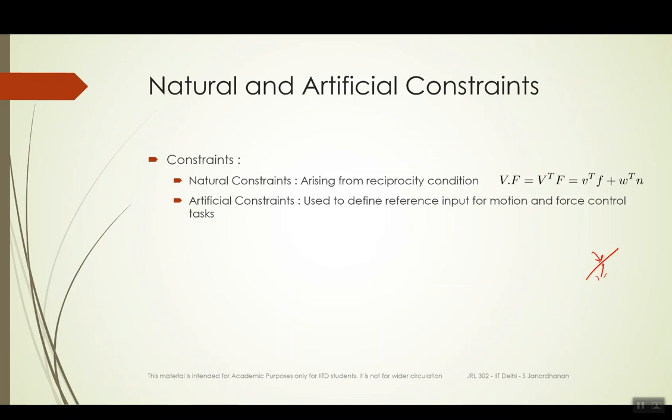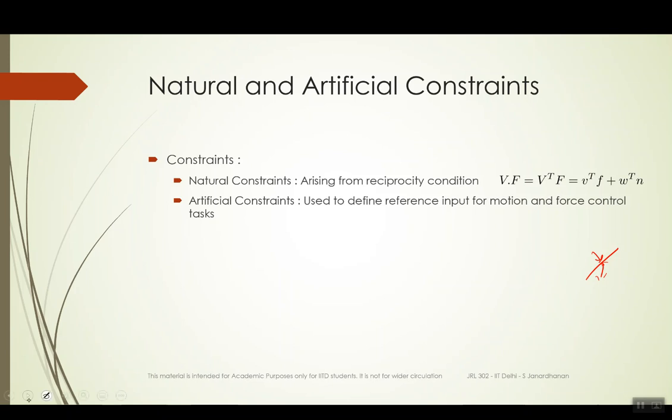Because of this, some constraints arise, and you can quantify those constraints as natural constraints and artificial constraints.